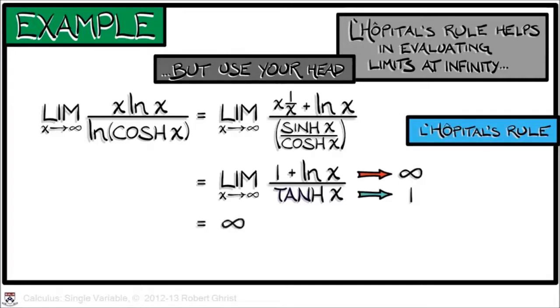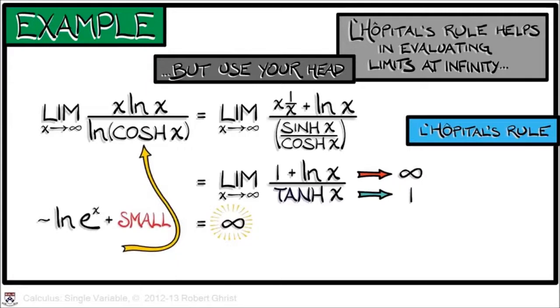What I want you to do is think about how that answer of infinity could be obtained in your head without L'Hopital's rule. Consider the hyperbolic cosine of x. That's really e to the x plus something small, up to a constant of 1/2. Now, if we take the natural log of that, that should look something like x.